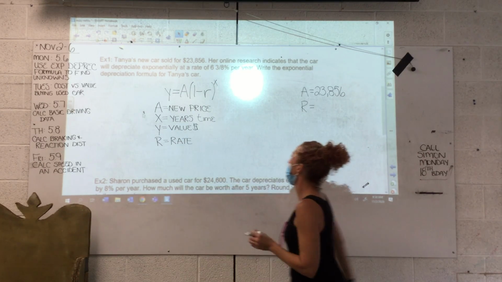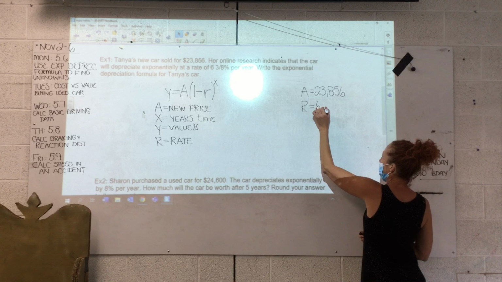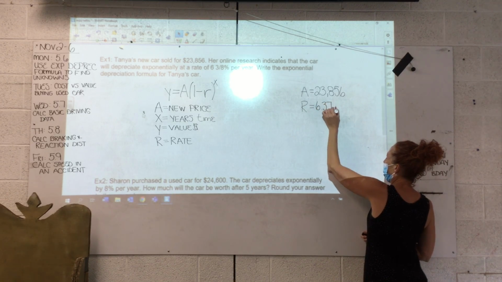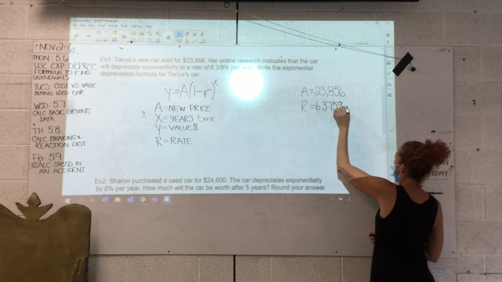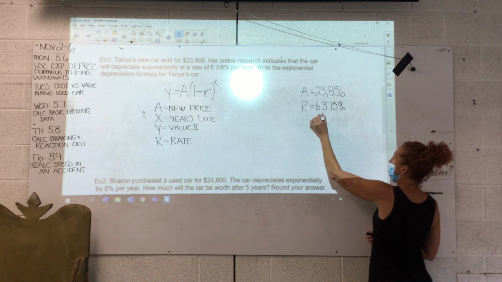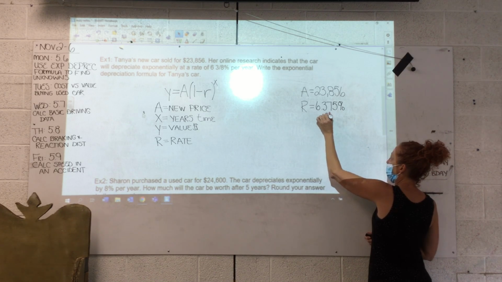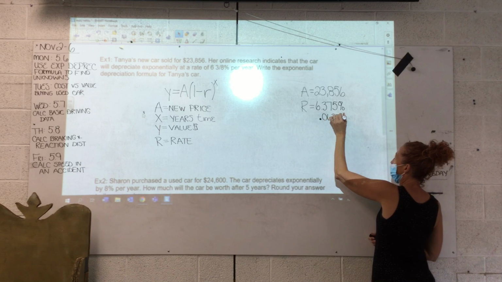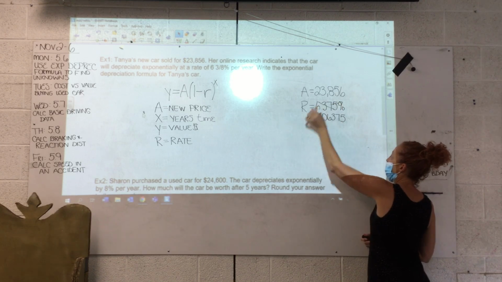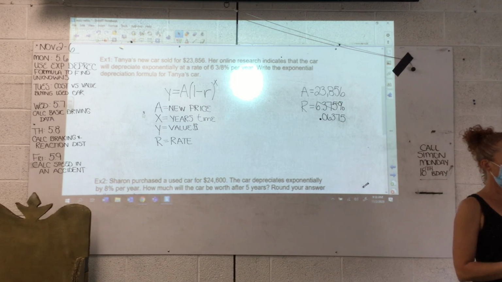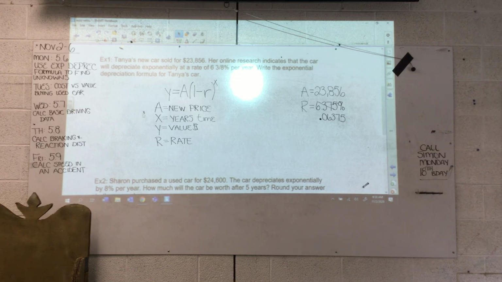This 6 right here is still there. So now we have 6.375, and it's still a percent. So the decimal we're going to use in the problem is 0.06375. Okay, I wouldn't for the rate. And not all of them are 5 digits. This one's extreme.